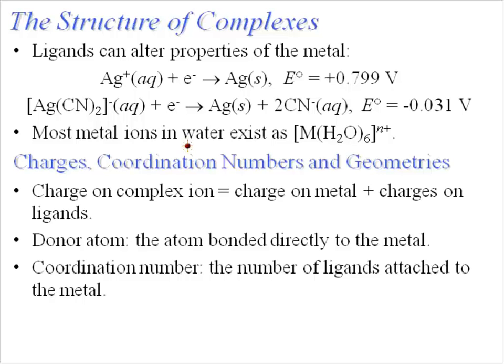So in most cases you find this situation, M(H2O)6, and then a certain charge on this whole thing. The charge on the total system will be the sum of individual charges. That's straightforward.